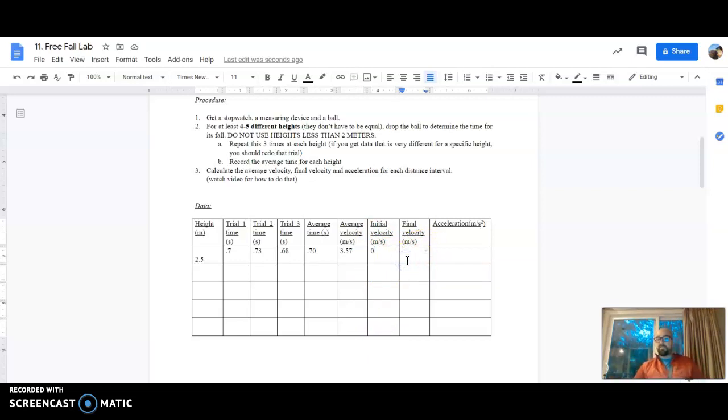Now, this is the trickier one. Conceptually, you've got to understand what's happening. If I have a ball that starts at 0, and I need to know how fast it's going right before it lands, what I've got to think about is you already know the average velocity. Let's say I had a ball that started at 0, averaged 5 meters per second.